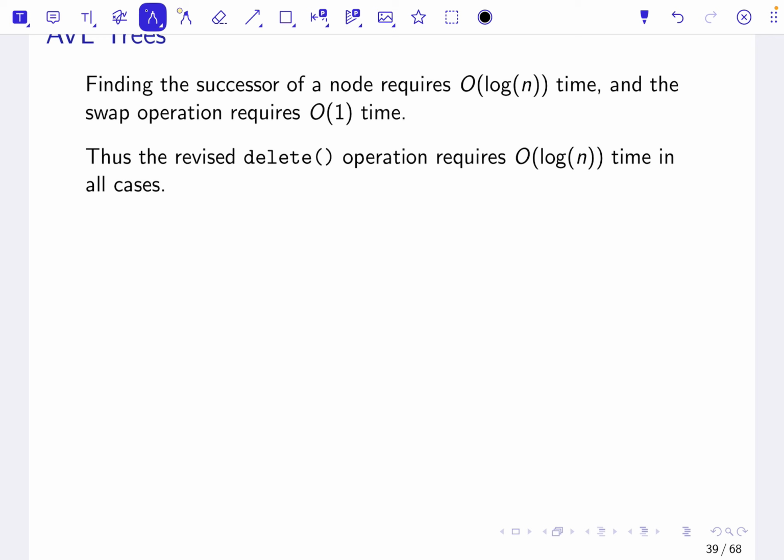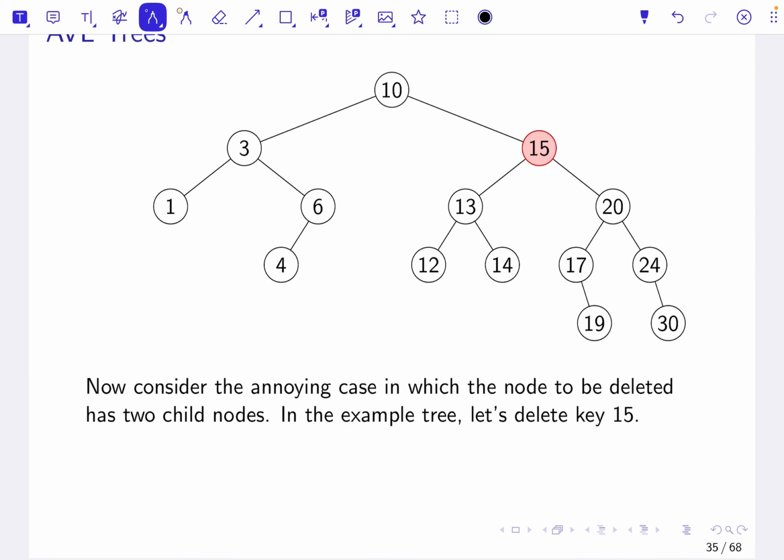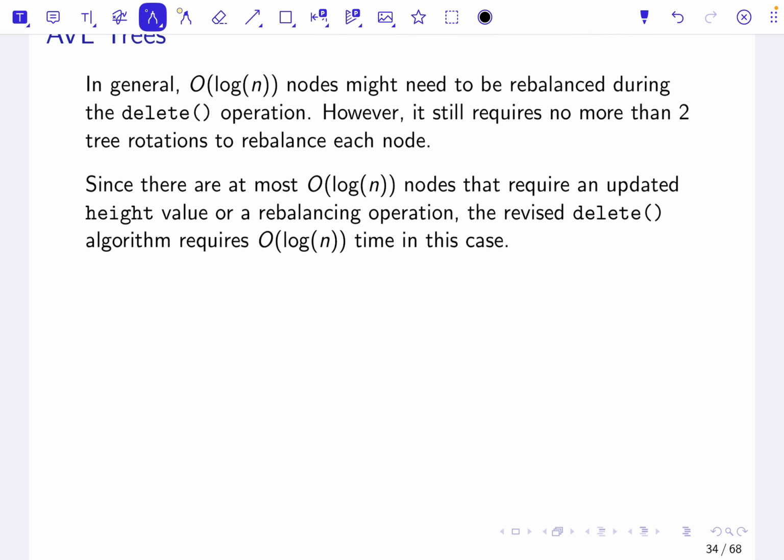I think this slide's missing something though. We just talked about the maximum number of rebalancings that must take place. We found that on the path from the node we just deleted to the root, we would have to rebalance at most log n nodes. Each rebalancing would take constant time.